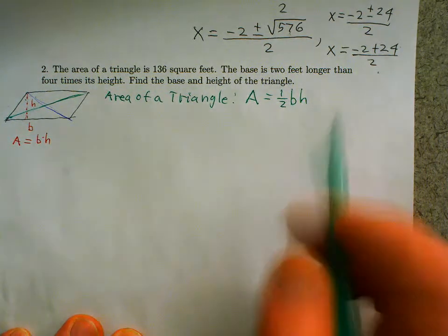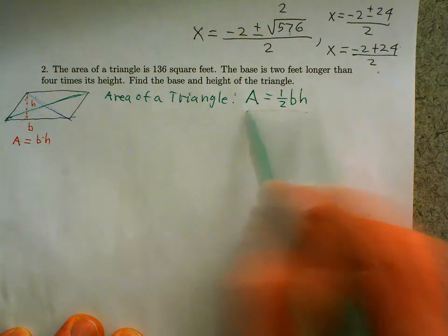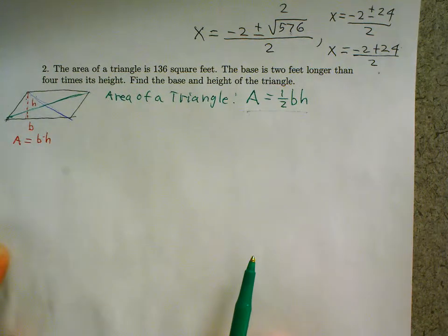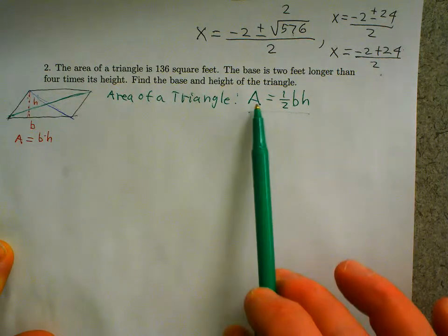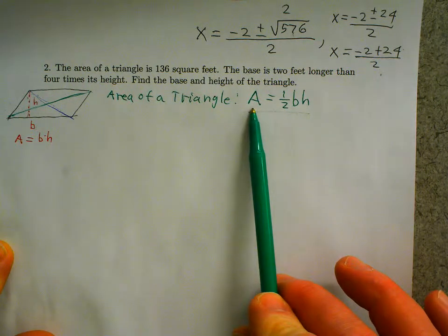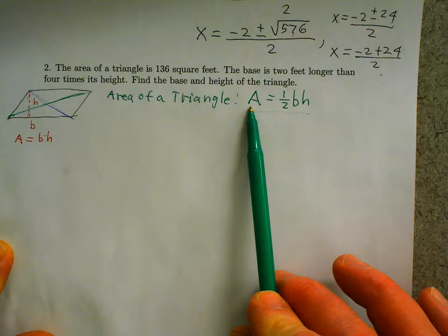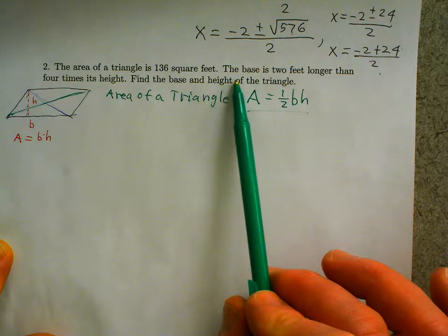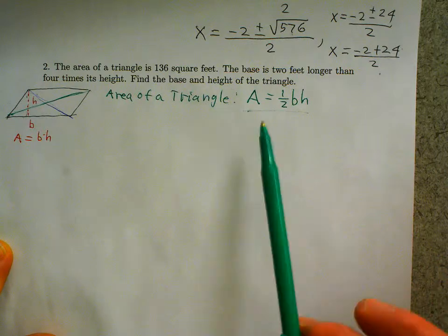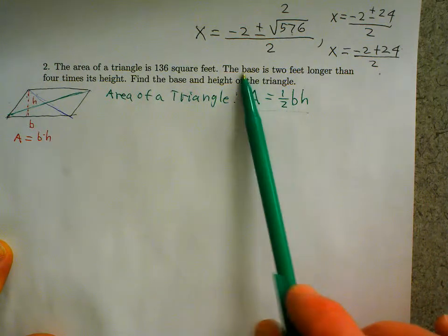Okay, so this is the formula that we need for this problem. We're given information about the area. The area is given to be 136 square feet. And we are also told what the relationship is between the base and the height.